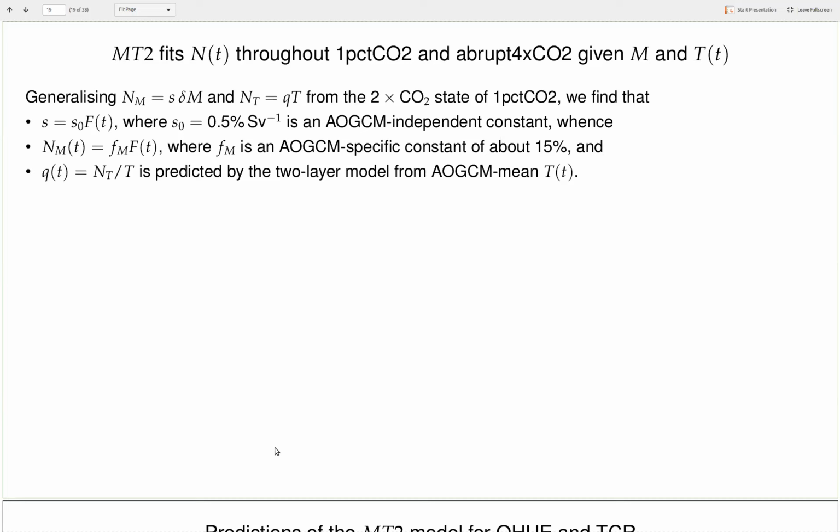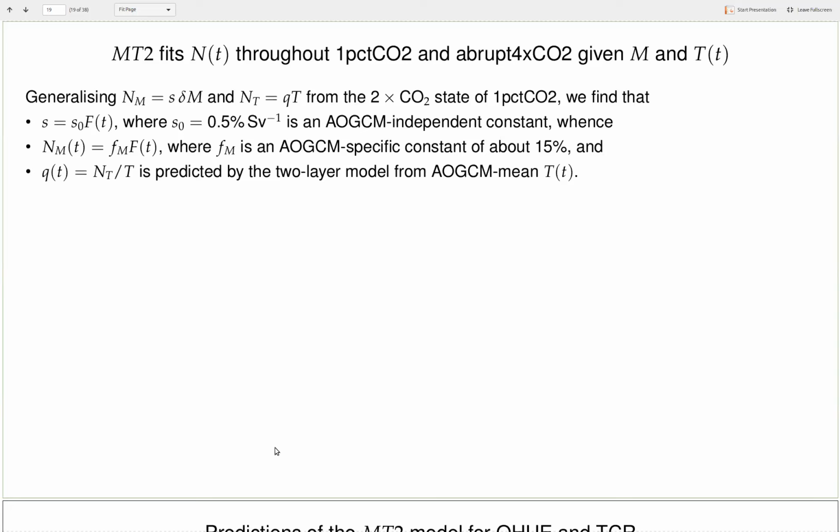So therefore, in abrupt 4xCO2, where the forcing is constant, NM is constant, whereas in 1% CO2, both NM and the forcing go up linearly with time. And then the other part, QT, the temperature-dependent part, N over T. The value of Q isn't constant in time, but it is independent of models.